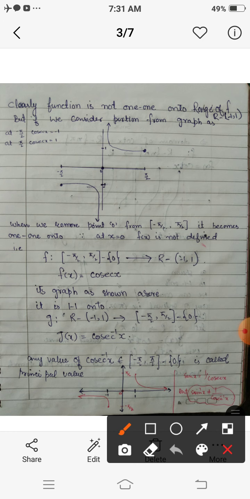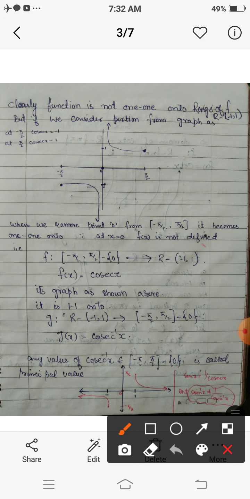Here remember one thing: sin x equals 1 upon cosec x, but sin inverse x is not equal to 1 upon cosec x, or 1 upon cosec inverse x is not equal to sin inverse x. This is important to remember, because these are two different things.